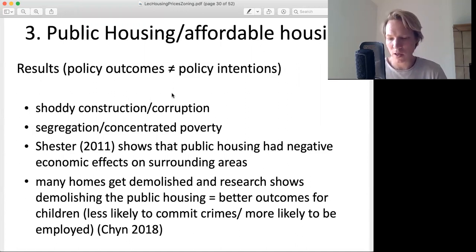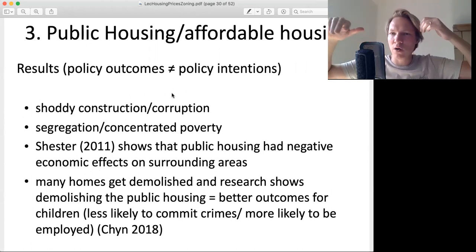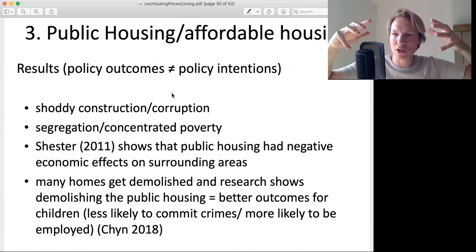And what the public housing looked like was big high rises. The stereotypical projects were these really, really big high rises. And by definition, it's for low income individuals. So essentially what you're doing is you're concentrating poverty in these big high rises.